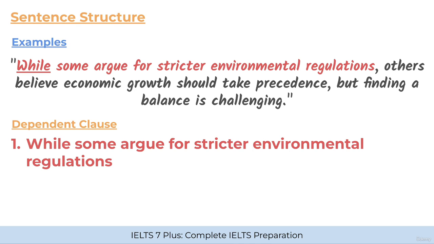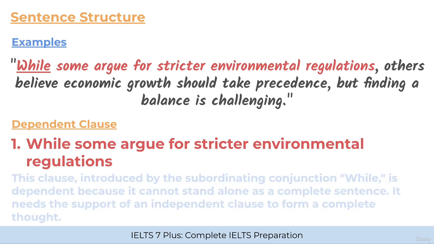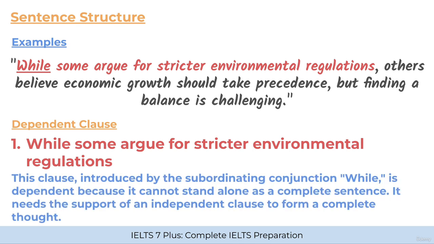That is not the situation we're in. We have while there, so that creates a dependent clause. It needs the other sentences to make sense, to be complete. Here we go. So we have while, it's dependent, it can't stand alone, it needs support to form a complete thought.